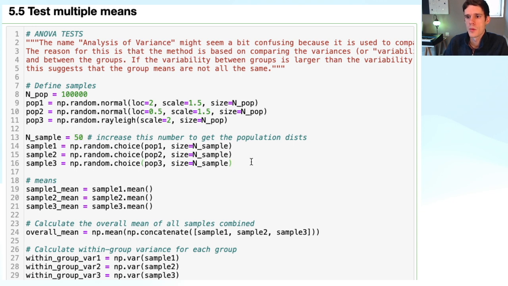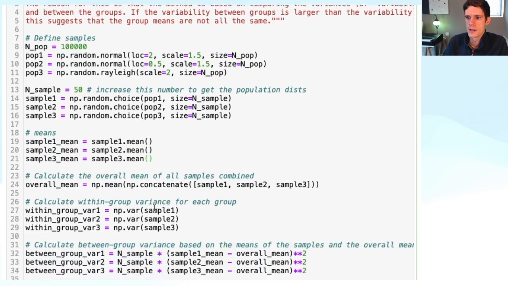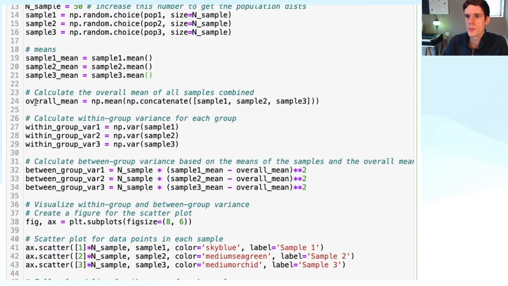Now, because we are comparing sample means to get to population means, we of course need to compute these sample means, which is done very straightforwardly. Then the first new thing is to compute the overall mean of all of these sample data points taken together. We can do this by first concatenating all of our 3 samples and then taking the mean.